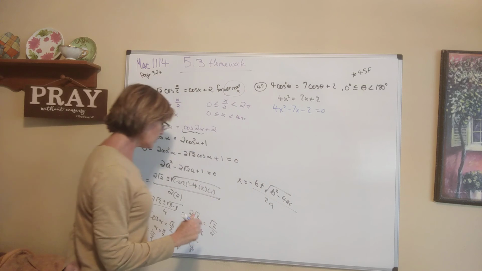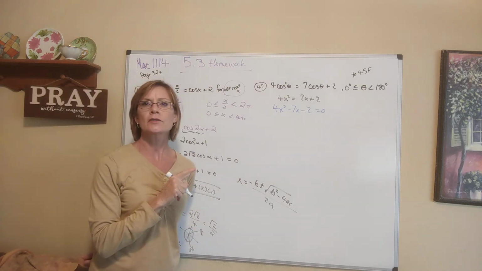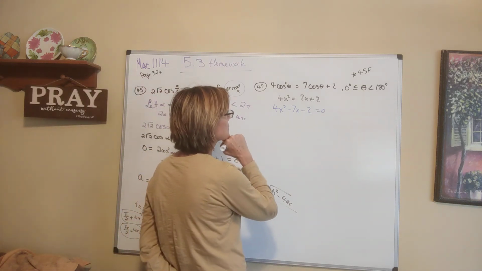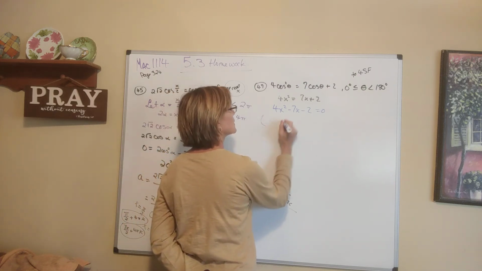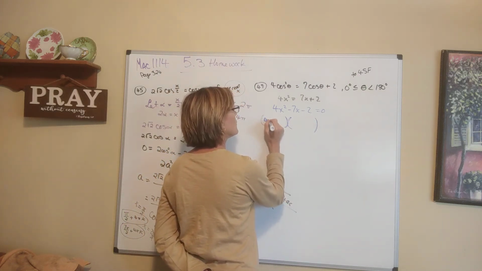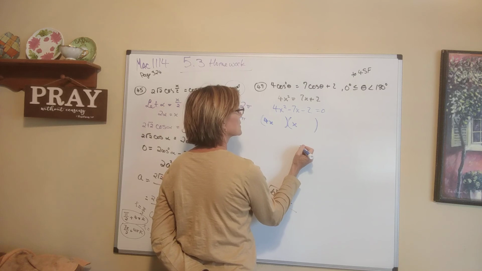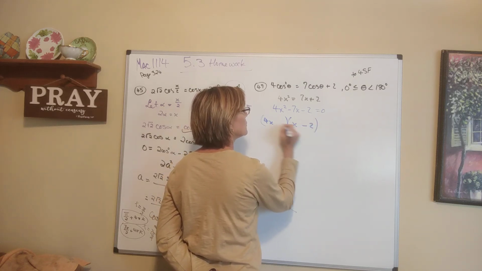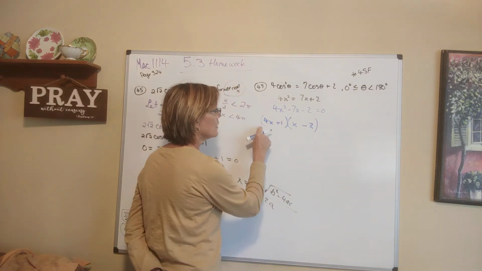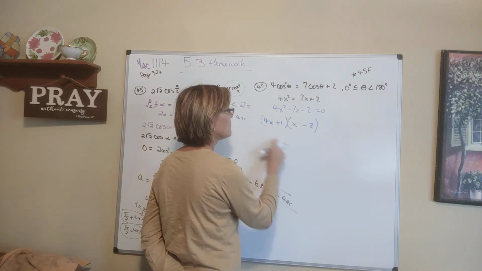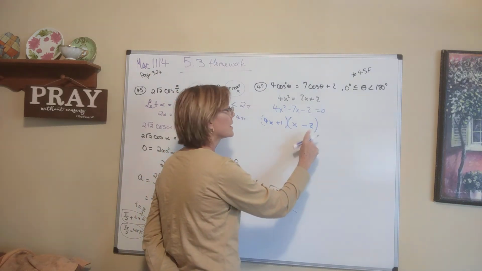Okay, so you could use factoring if it factors. Do you think this factors? Oh, I think this factors. Let's just see what this factors into. 4x plus 1 times x minus 2. I think that factors. 4x squared, 1 minus 8 is negative 7, minus 2, this factors.